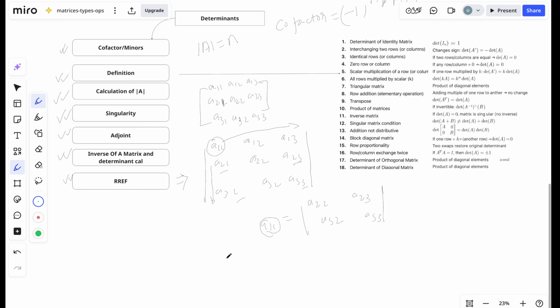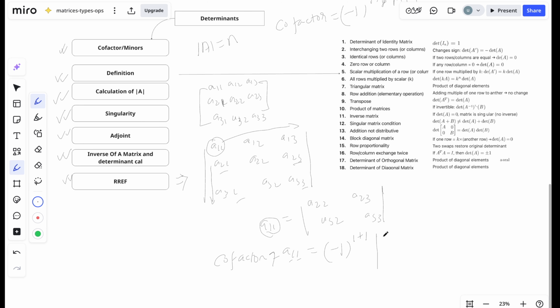It would be minus 1 to the power of i plus j, where this is i and this is j, so 1 plus 1, and then the minor of A11, which is A22, A23, A32, A33.